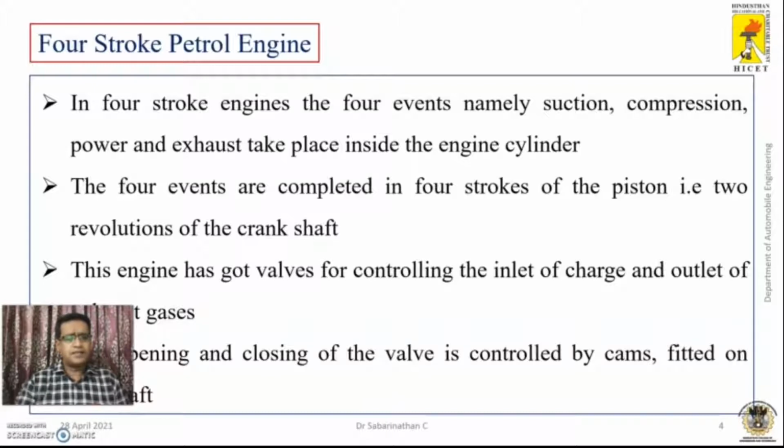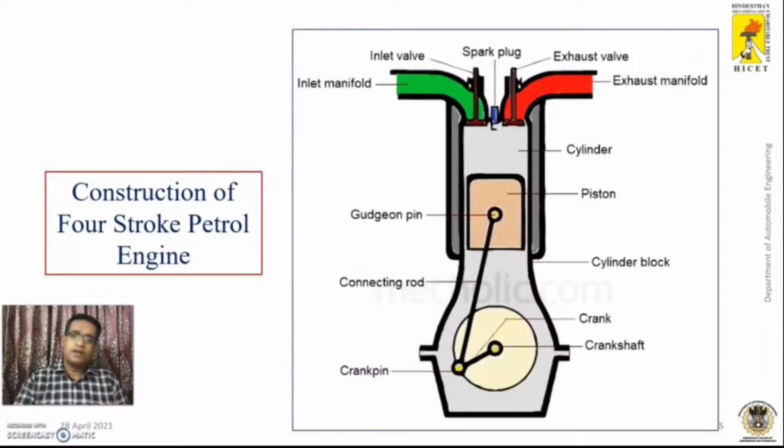The engine has valves for controlling the inlet of charge and outlet of exhaust gases. The opening and closing of the valves is controlled by a cam fitted on a camshaft. This is the typical construction of a four-stroke petrol engine.